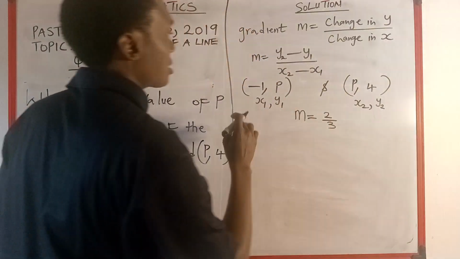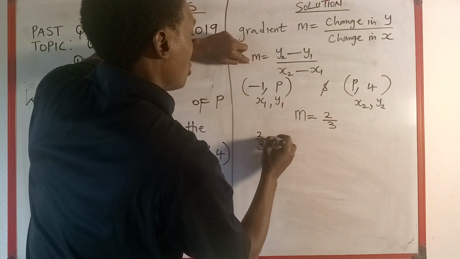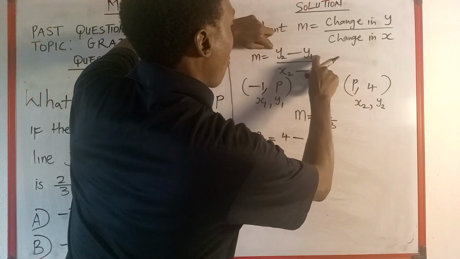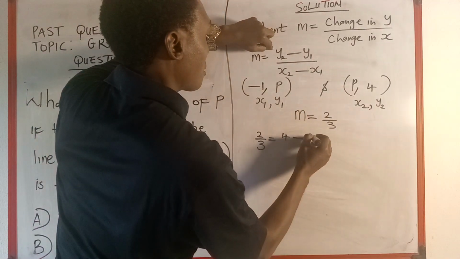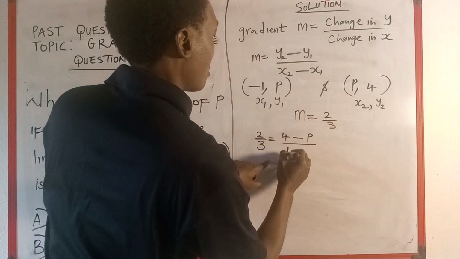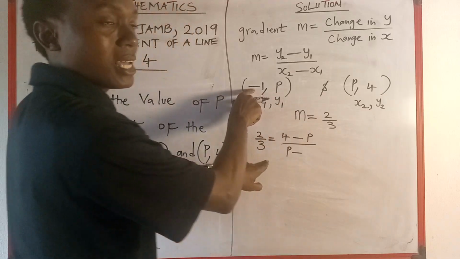So when you substitute inside, it means M is 2 over 3, is equal to Y2 which is 4, minus Y1 which is P, over X2 which is P, minus X1 which is minus 1.